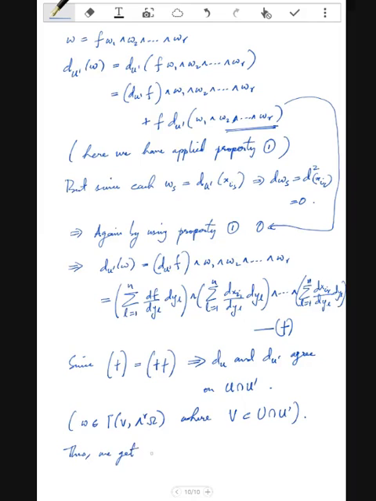All these glue to give a map of sheaves d from exterior r omega to exterior r plus 1 omega. So we will also denote this by d or d sub r, and such that d r plus 1 composed with d r is 0. This is something which we had checked, and that is property 2.